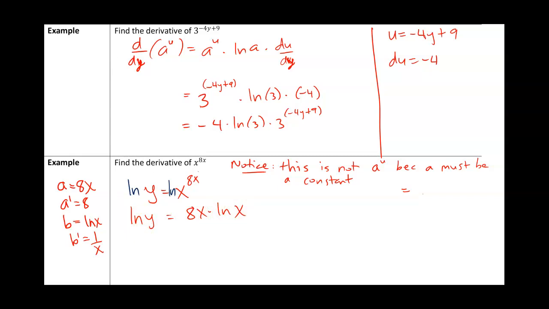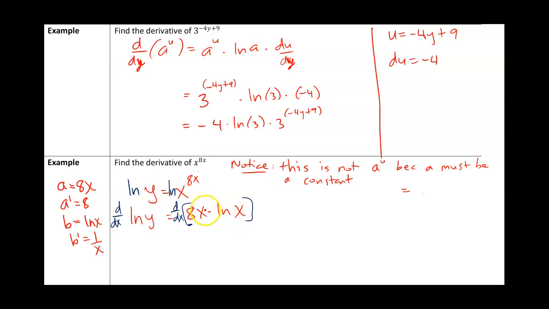Now in the previous section, we talked about the derivatives of natural log of y. Now what we're going to do is take the derivative with respect to x of both sides, the left and the right. Now the right side, we have a product rule. We have 8x times ln x.